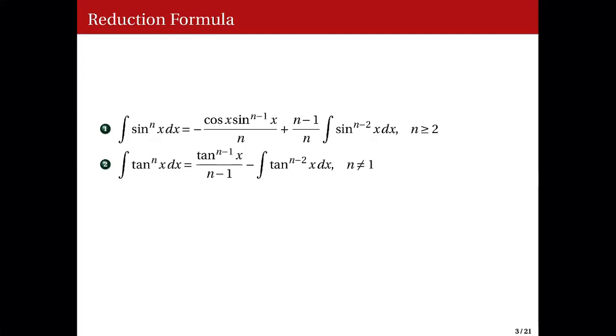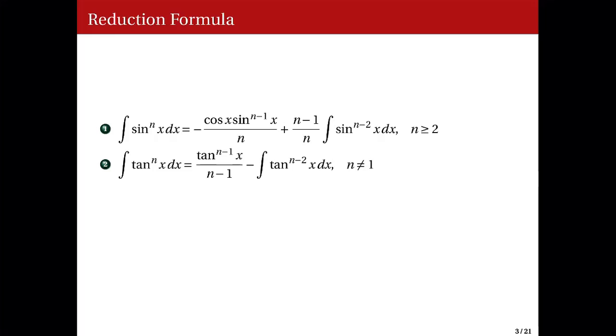So in here, this is only our restriction. n cannot be 1. Of course, when n equals 1, you already have a formula. But the reason why we are doing this is because of the appearance of n minus 1 in here on the denominator.